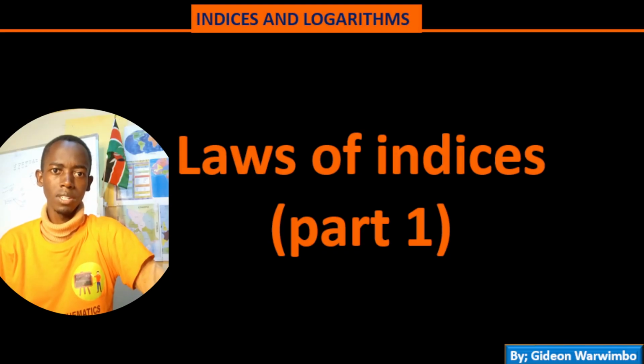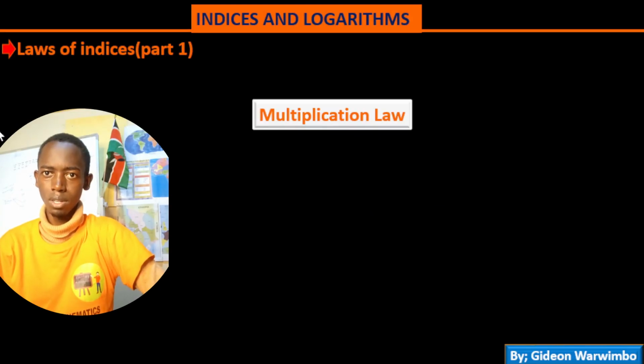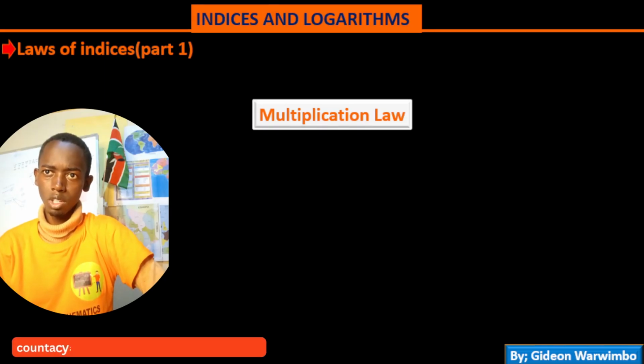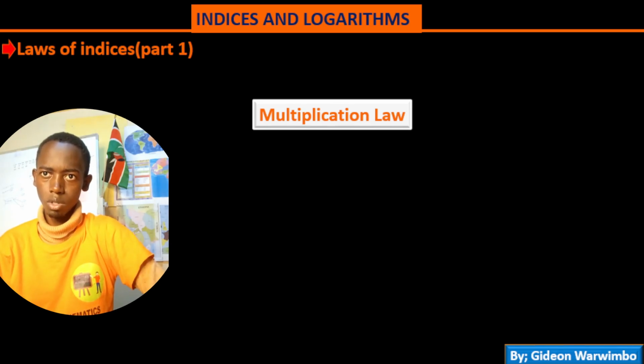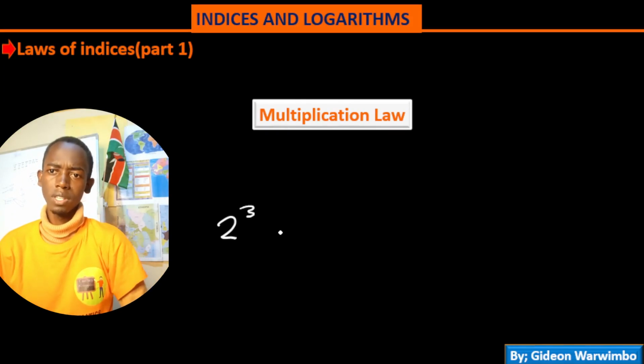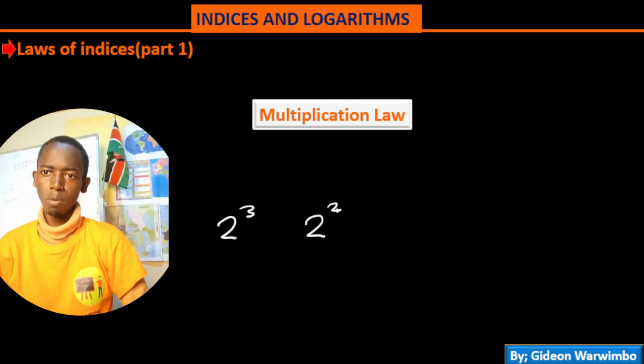The first law that is commonly used in indices and logarithms is the multiplication law. Before I give you this law, let me refresh your mind on what we've already covered. Suppose we have 2 to power 3, and another term, 2 to power 2, and we want to multiply these terms.